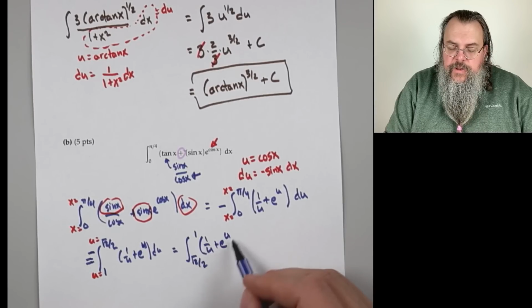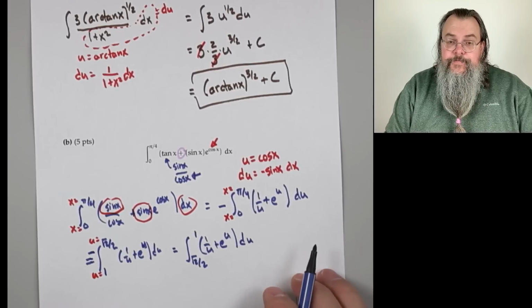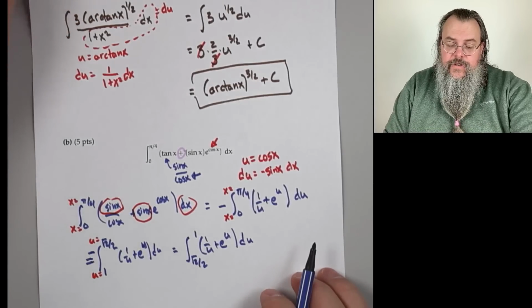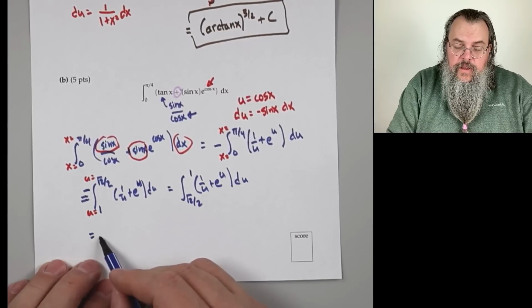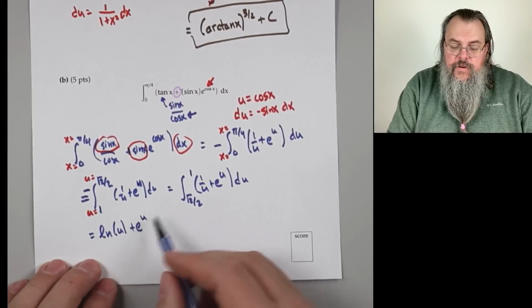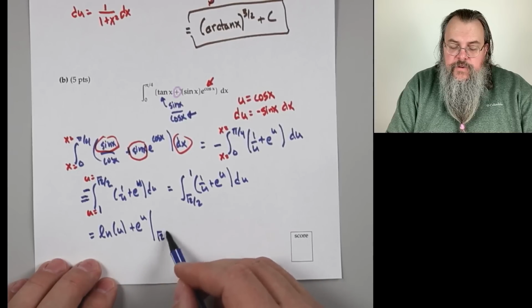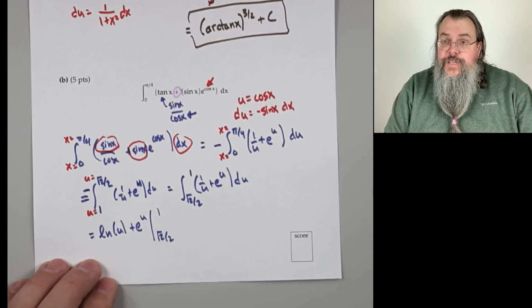All right. With all of that done, let's actually integrate. Okay, so the integral of 1 over u is log of u. Integral of e to the u is e to the u. And evaluate from root 2 over 2 to 1. When we're doing a definite integral, no need for c's.